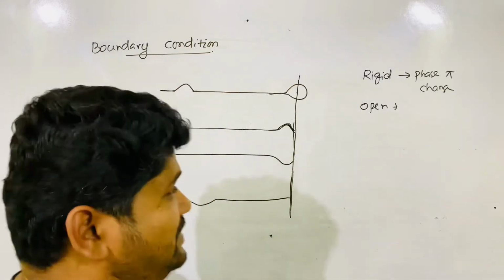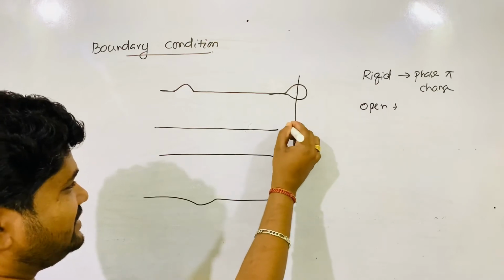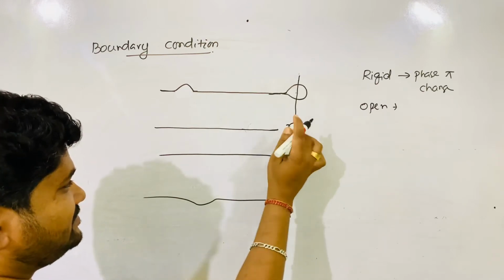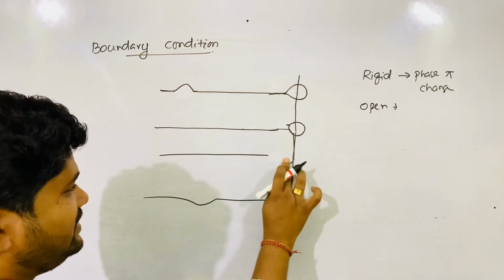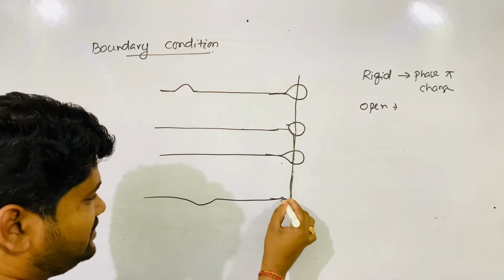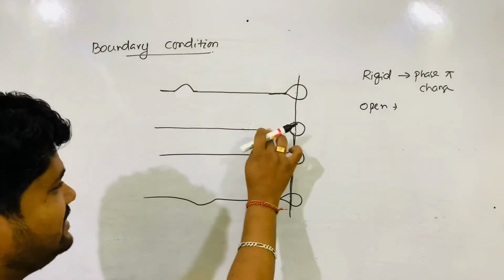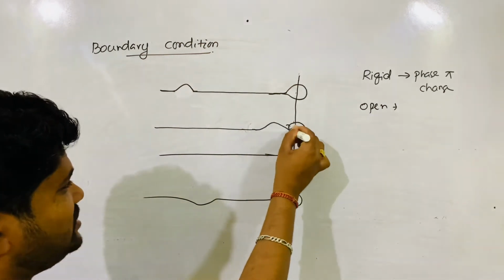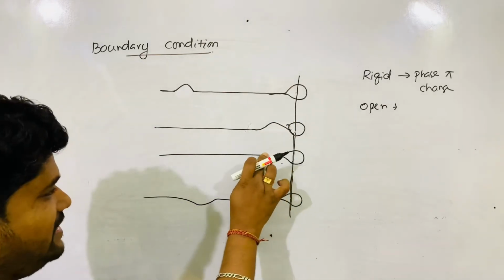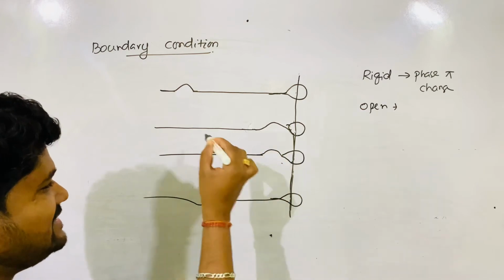In this case, what happens when you send one crest? The crest is going like this. This is the ring, the ring is here, here is also a ring. When the crest moves and at last touches it, what comes from there? The crest also returns back.